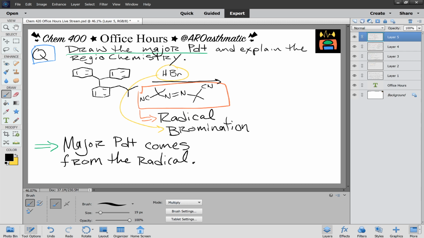If you're wondering what stabilizes a radical, this is a great thing to have in your back pocket.